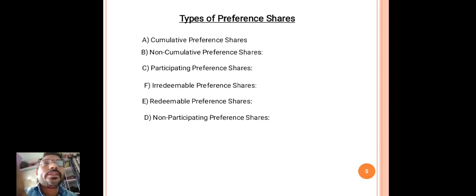And then participating preference shares. Here the participating preference shareholders will get a fixed rate of dividend, not interest, a fixed rate of dividend.